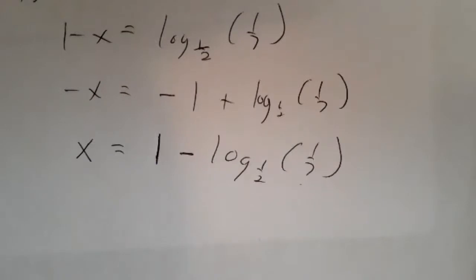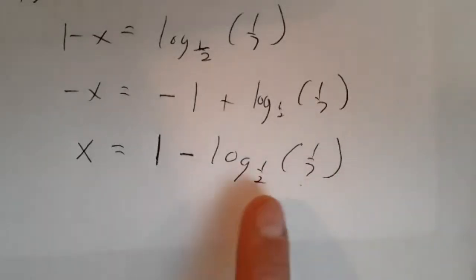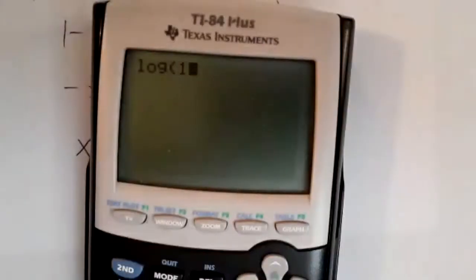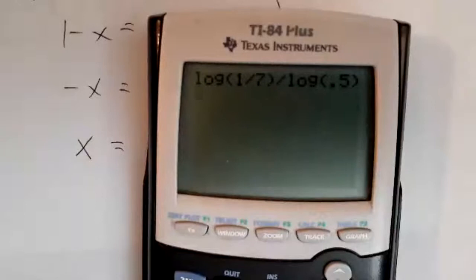And so I feel like they're kind of giving you this so you can do some more calculations. Can I take log 1/7, divide it by log of 1/2? Log of 7, can I divide that by log of 0.5, I guess, would be the easiest way to put it in your calculator.